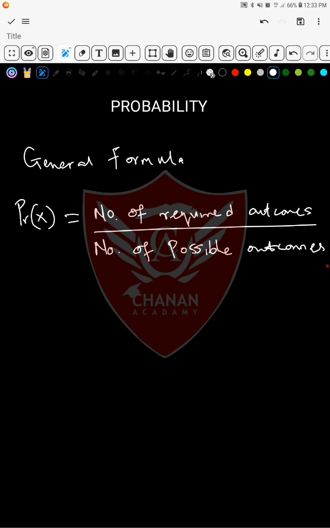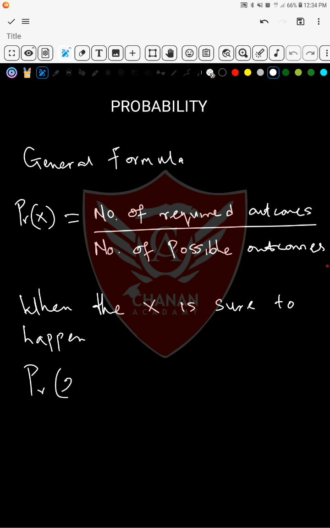Now let's say the probability is certain to happen, that you're sure it is going to happen. That means when x is sure to happen, then the probability of x will be equal to 1.